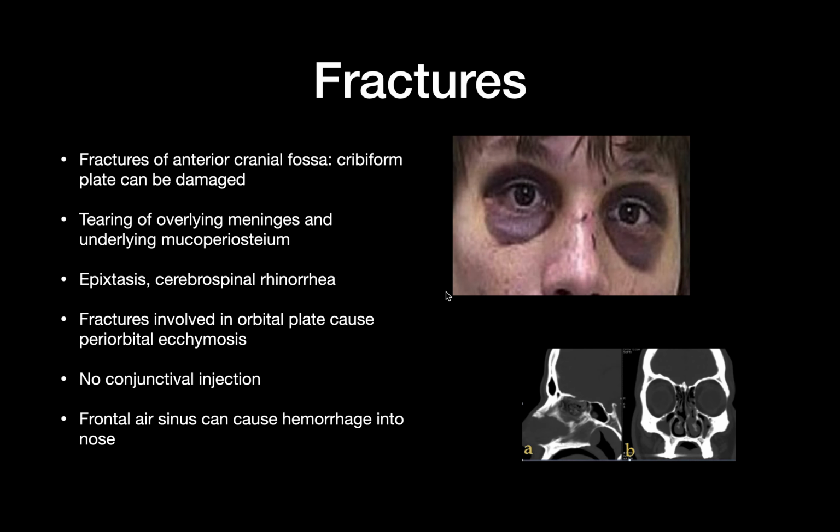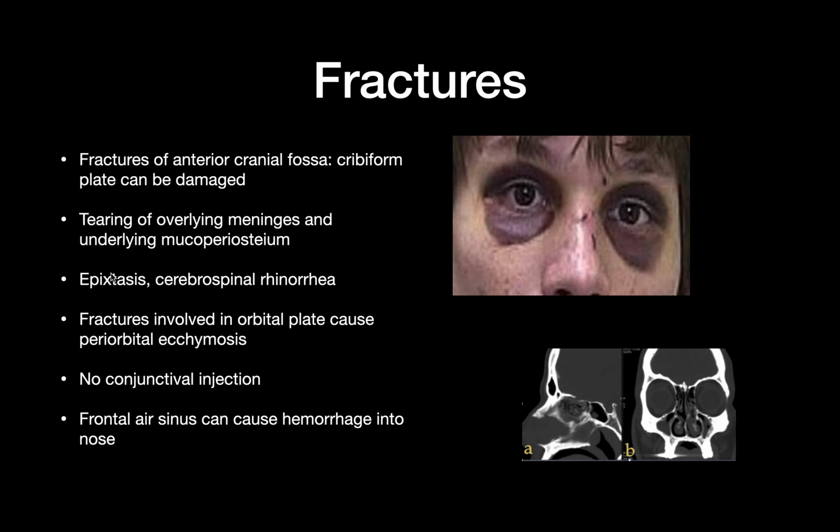Fractures. So the fractures of the anterior cranial fossa usually involve the cribriform plate, which can be damaged, and that would involve the tearing of the overlying meninges and underlying mucoperiosteum.